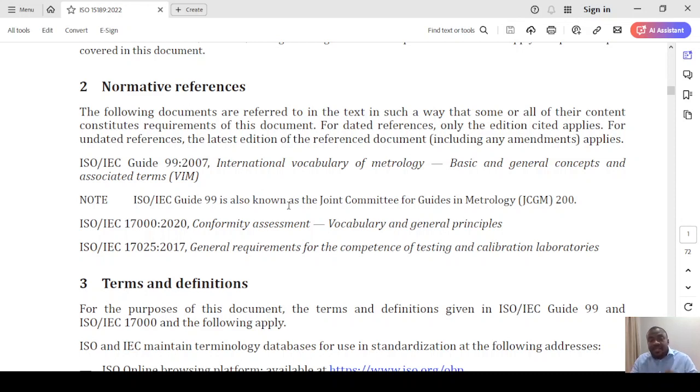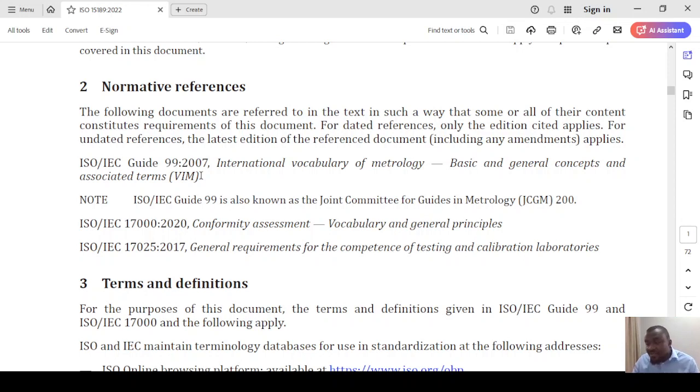Now, a normative reference, in a nutshell, is a document that was used to derive, or to come up with, the document that you're talking about. Okay? And for this document, there are some normative references here. You can look at Guide 99. You can look at ISO 17025, which is the one for calibration labs.